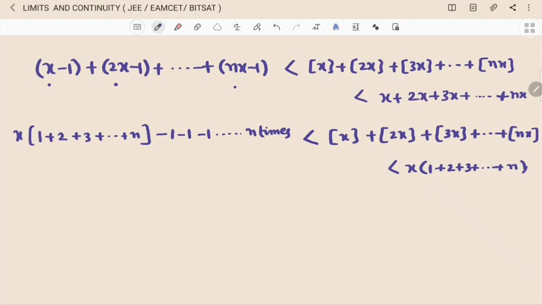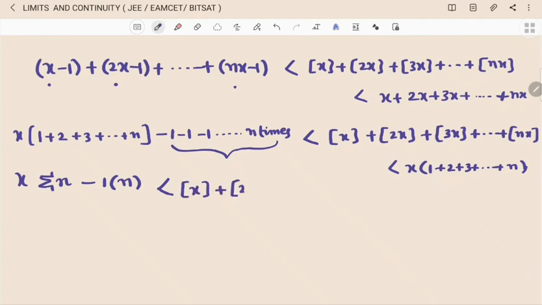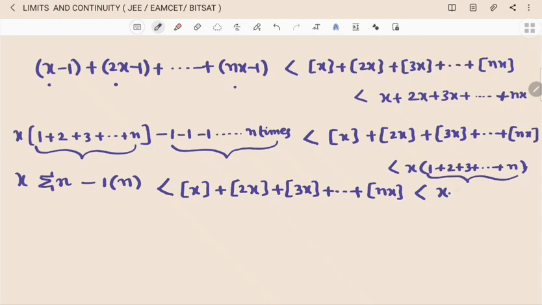We know that 1 plus 2 plus 3 plus and so on is the sum of the first n terms. So x into sigma n, minus 1 into n times, is less than [x] plus [2x] plus [3x] and so on [nx] is less than x into, again 1 plus 2 plus 3 plus and so on n, is sigma n.